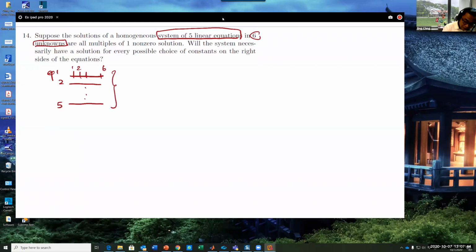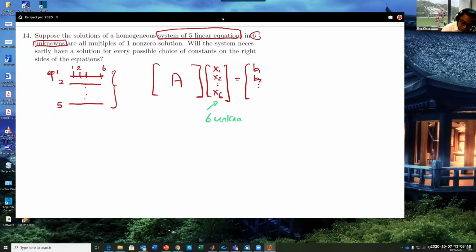I can represent this system as the matrix A, and the variables as x1, x2 until x6. And my right hand side, I can represent as b1, b2, up to b. Okay, guys, be careful. I have 6 unknowns and 1, 2, up to 5 equations.